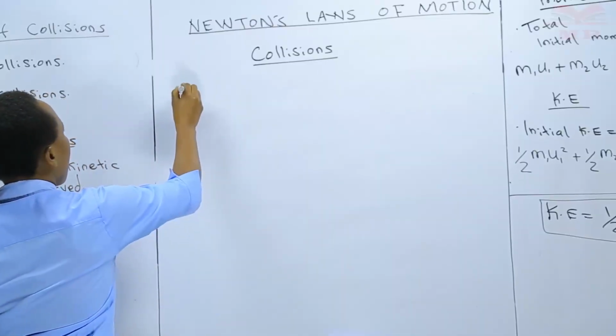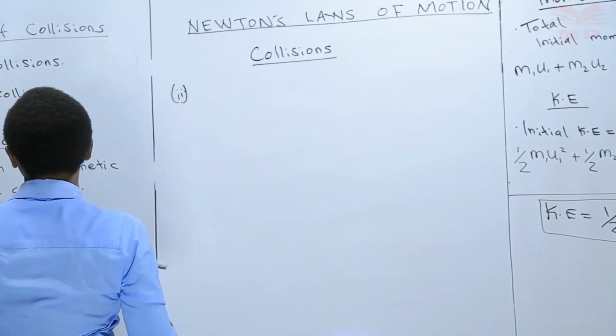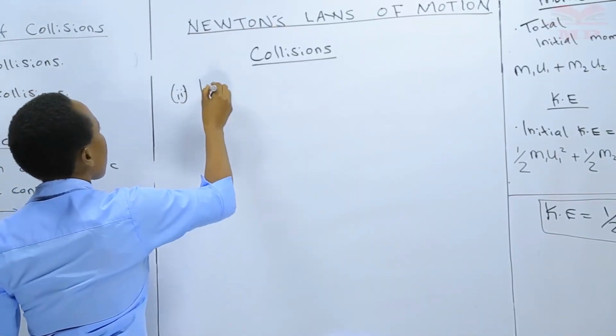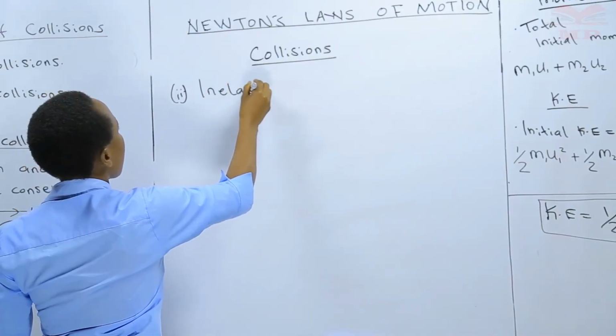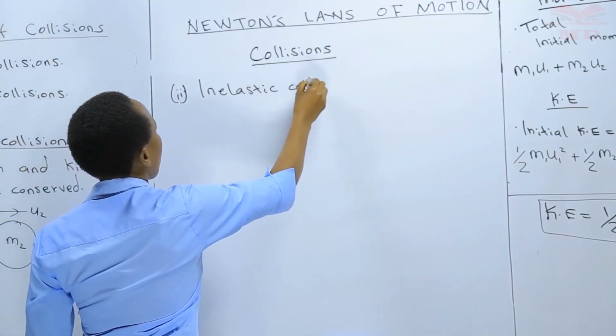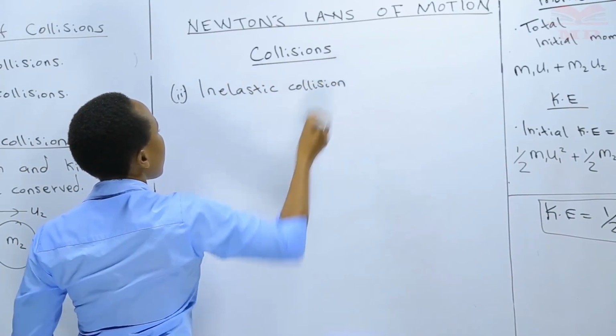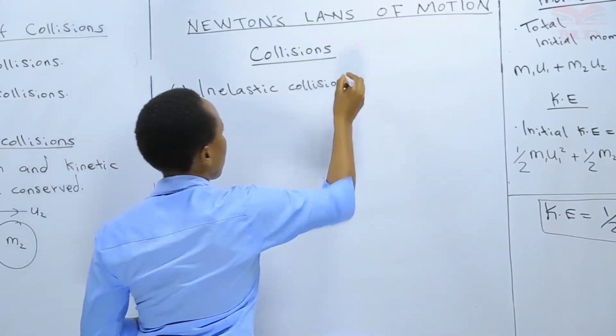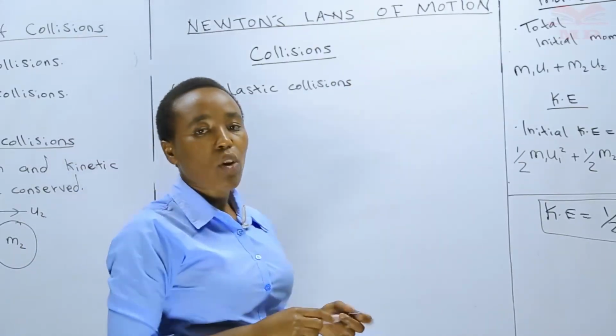So we look at number 2, the other type of collision, which we are calling the inelastic collisions.